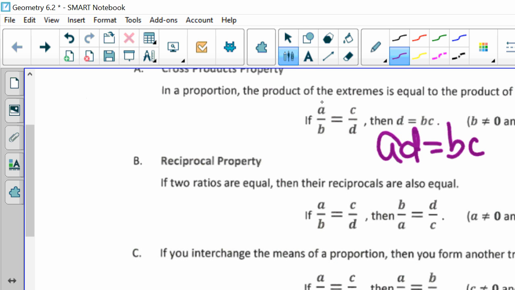The next one, if you interchange the means of a proportion, then you form another true proportion. Remember the means, those are the two that are in the middle. So if A over B equals C over D, then B and C are your means, so interchange them, and you would get A over C is equal to B over D, again where C and D cannot equal 0.